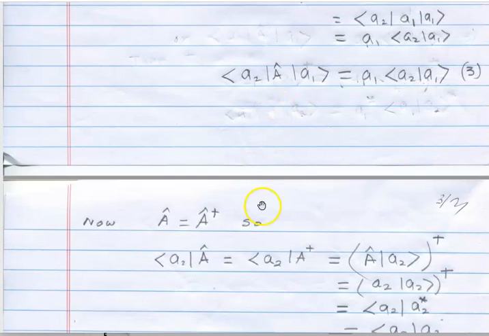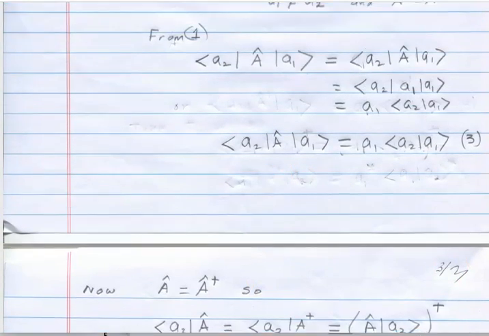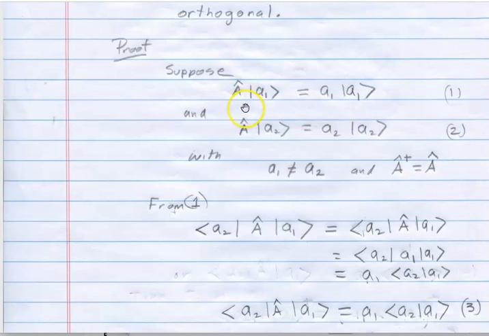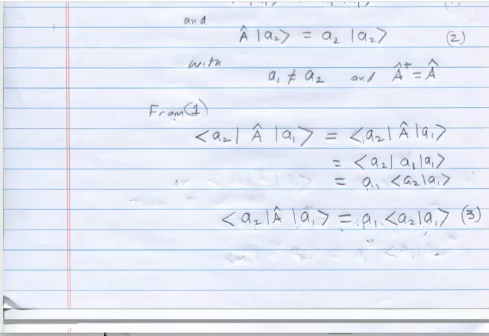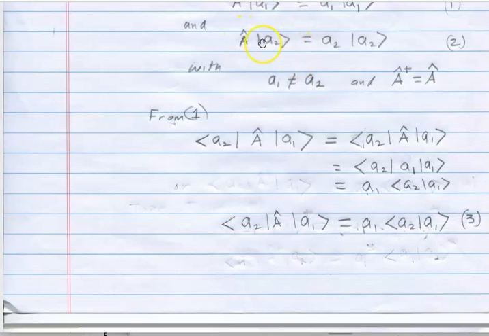What I would probably do is take the complex conjugate of this one. So now I'm going to take the complex conjugate here, and this one here, equation 2. Take the complex conjugate of both sides.